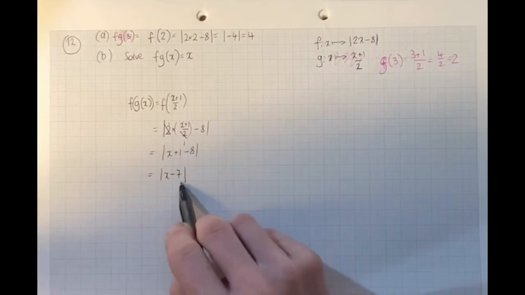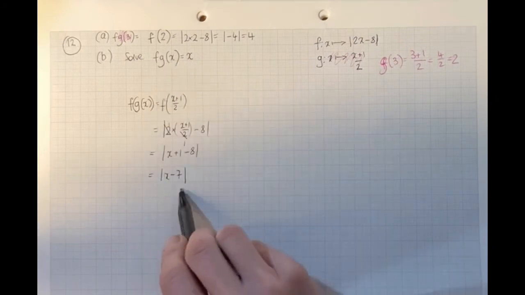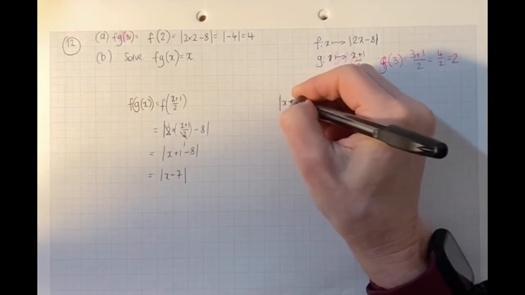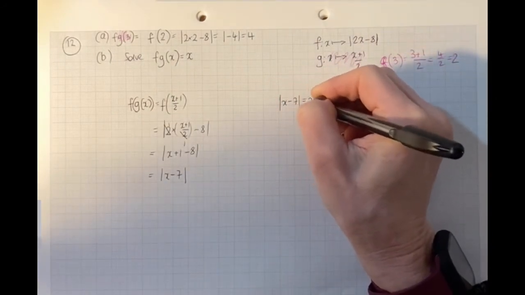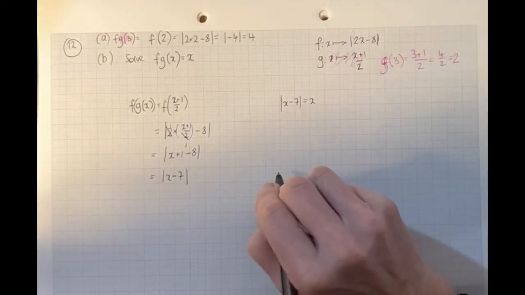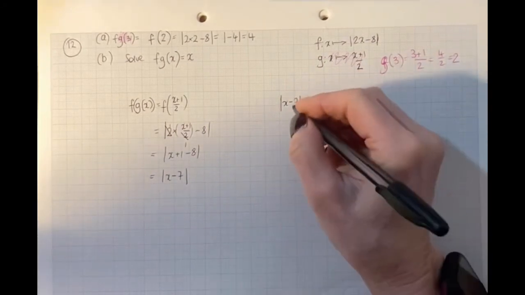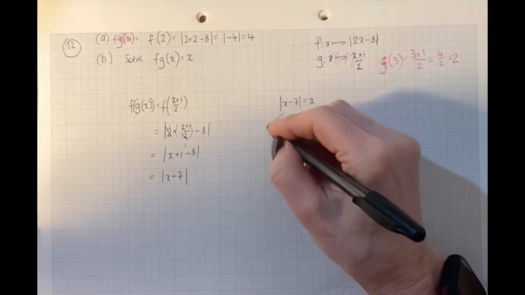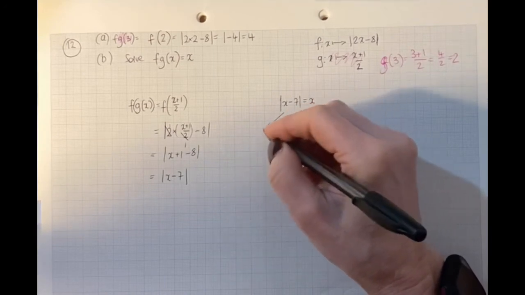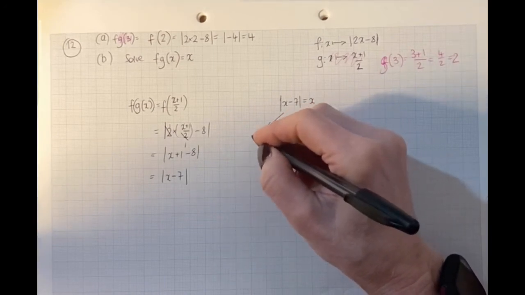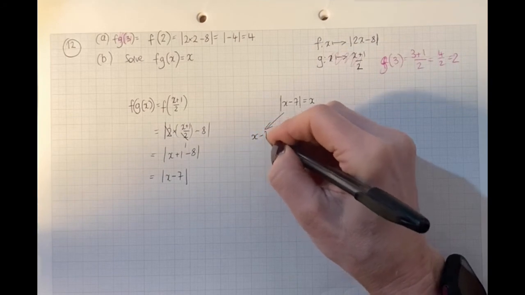Now we're going to replace f of g of x with modulus of x minus 7, and we're going to solve this equation when it's equal to x. So there's two approaches. Obviously we'll show it graphically, but the first one, do it algebraically. So solve two equations.